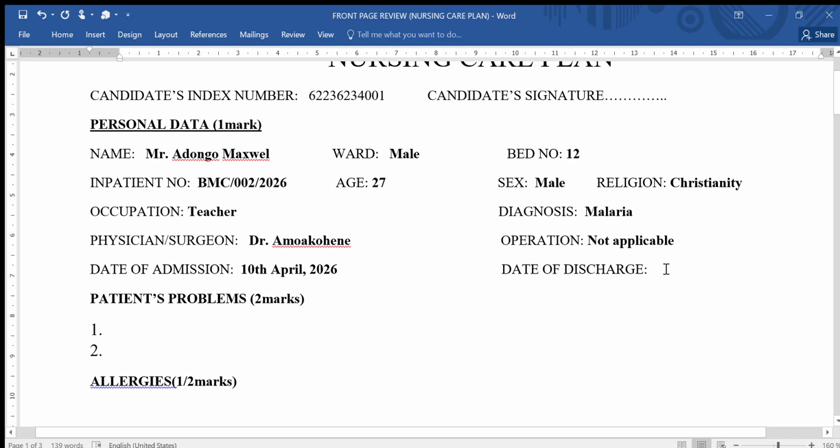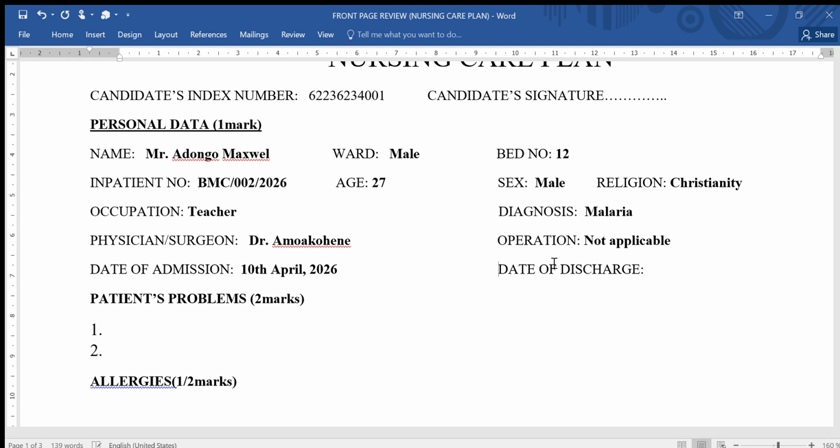Here, the patient is still in the ward, and you are writing the care plan. So the patient cannot be discharged. If not discharged, you have to indicate that it's not yet. So just type there, not yet. That does it for the biodata.